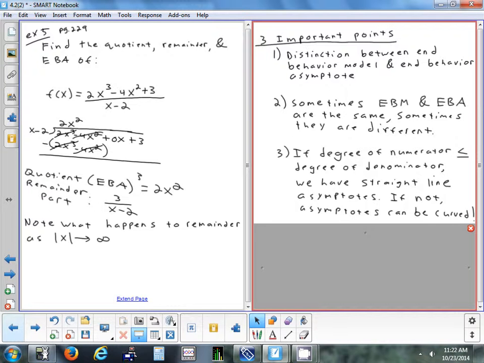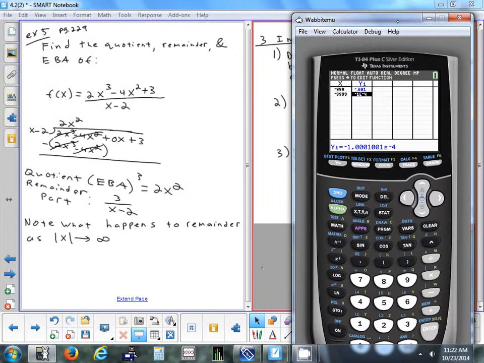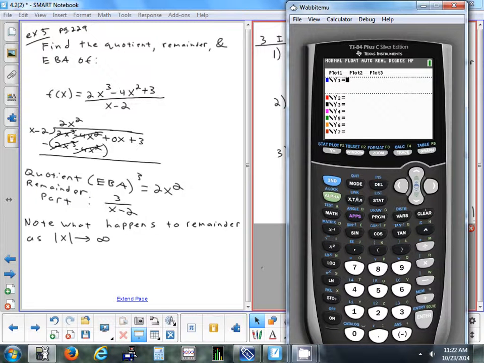This is end behavior as x goes toward infinity and negative infinity. So let's type in f of x: 2x cubed minus 4x squared plus 3, divided by x minus 2. Now we found our end behavior asymptote was 2x squared.